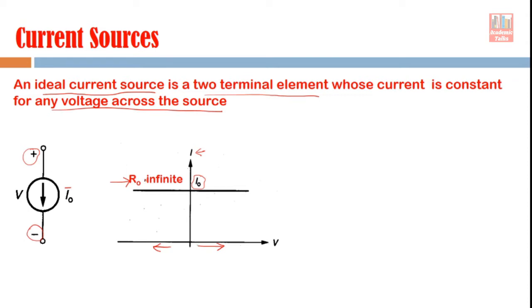Practically it is very high, but ideally it should be infinite. And how is it defined? This R naught is the change in voltage divided by change in current. In case of a current source, the change in the current should be 0, and if change in the current is 0, then definitely this resistance is going to be infinite.